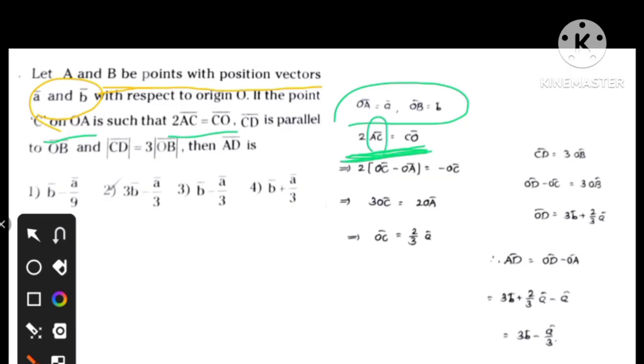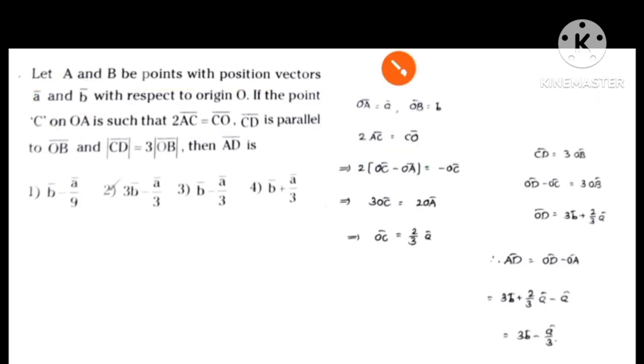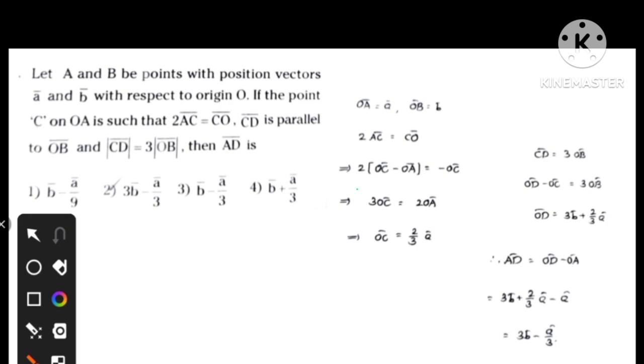But what is the AC formula? OC minus OA. And CO is minus OC. So clearly from this I am finding the OC bar vector. This is equal to 2 into OC minus 2 into OA.